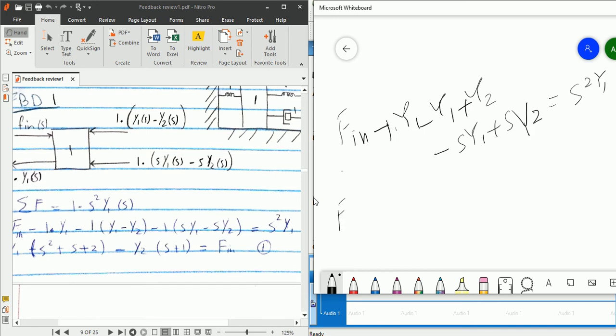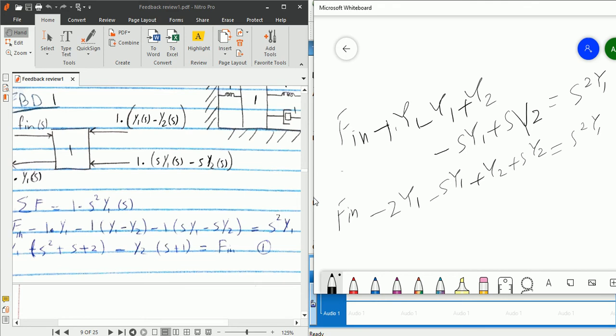So f_in is equal to minus y1 and minus y1, it will be minus 2 y1, and y2 here, and here is s. Wait, it is minus 2 y1, it is also here minus s y1, make the y1 close. Okay, then we have y2 plus s into y2 is equal to s square y1.